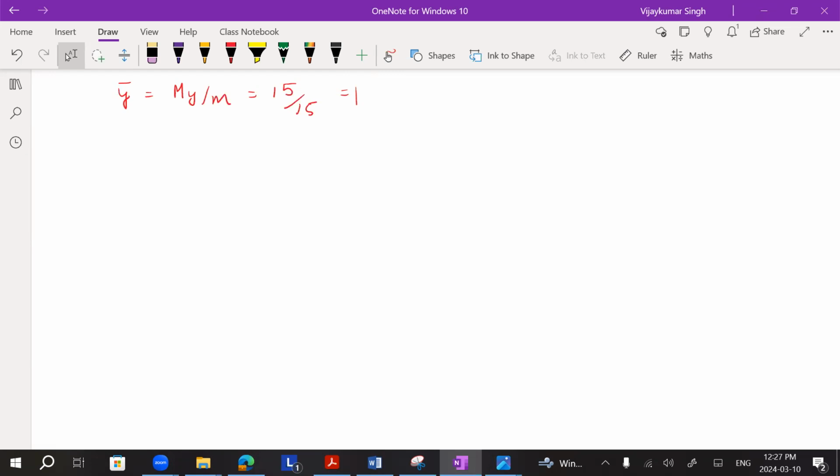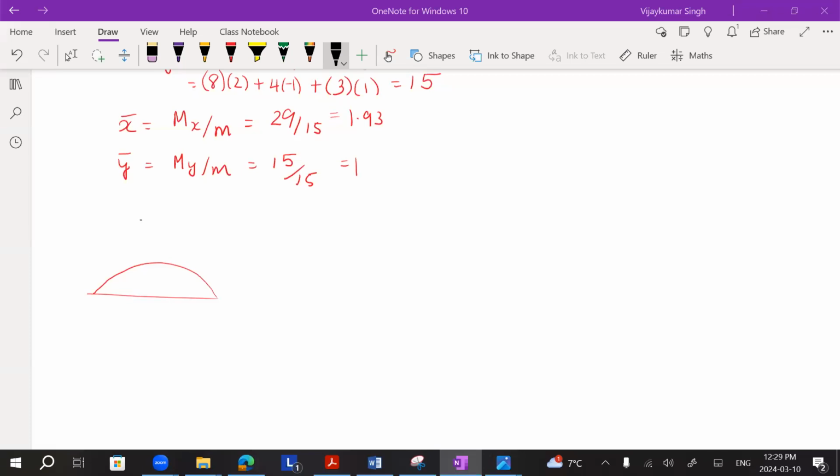So for example, suppose we have the following plate here on top of a fulcrum. This plate is filled in. So what are we considering?